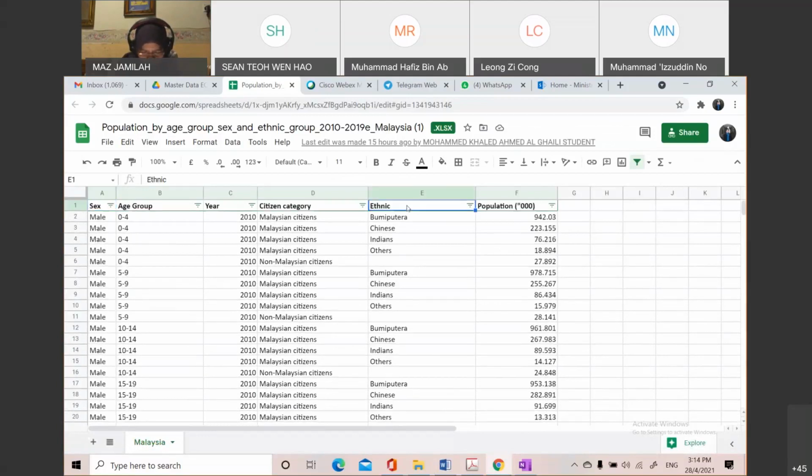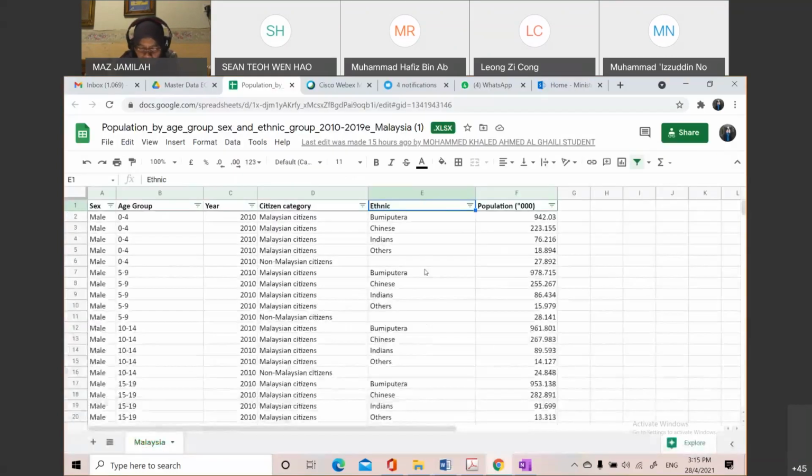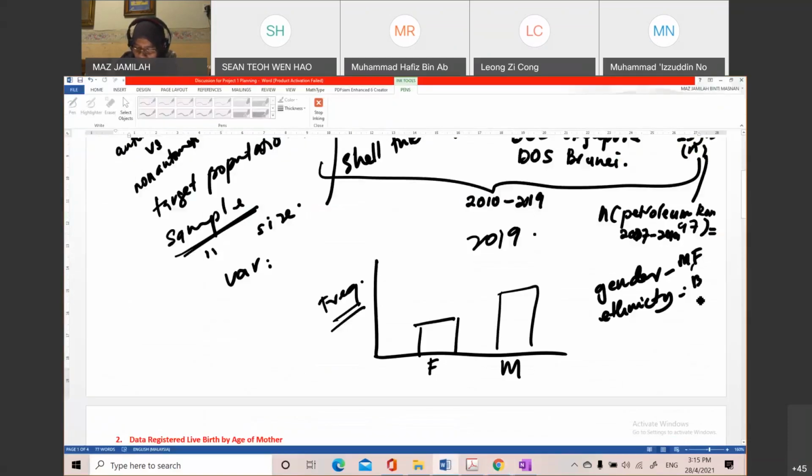Racial, ethnicity. Racial means ethnicity? I changed the word. Natural racial gender ratio. Okay, gender, ethnicity, ratio, because you have gender, male and female, and for race you have Bumiputra, Chinese, Indian, others.